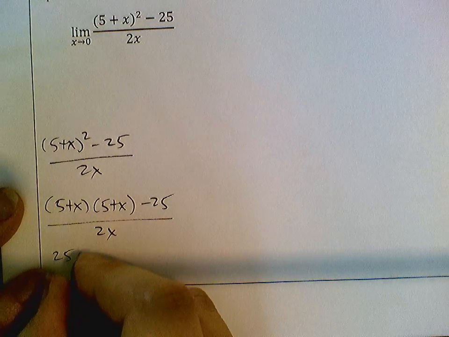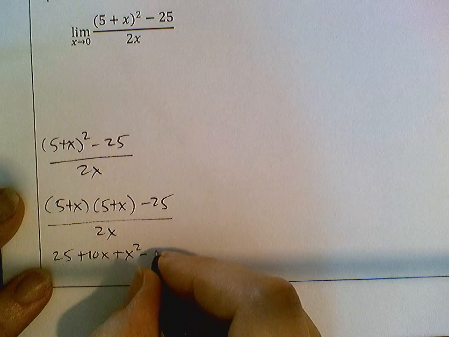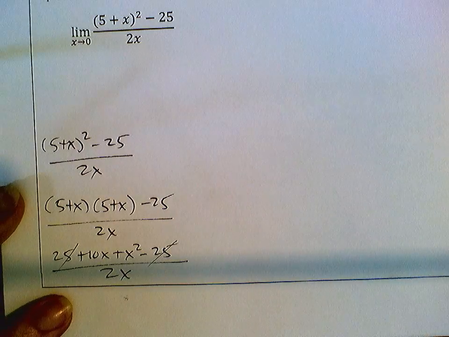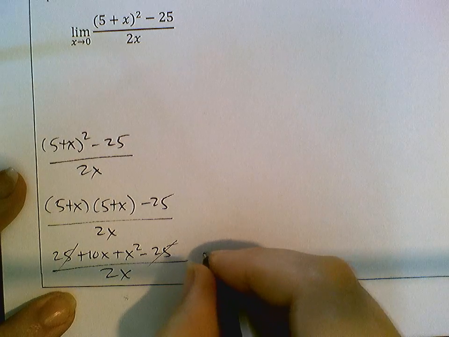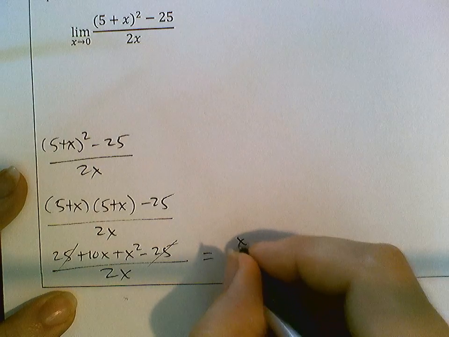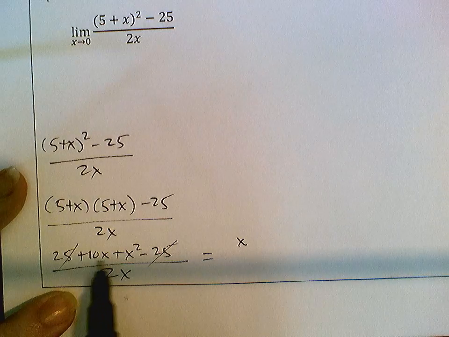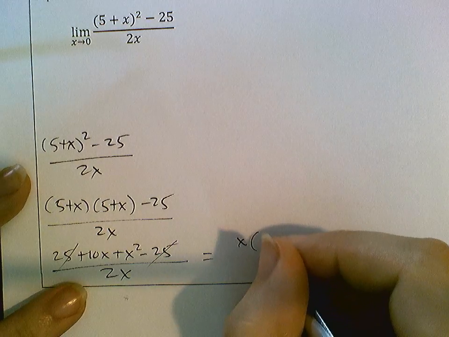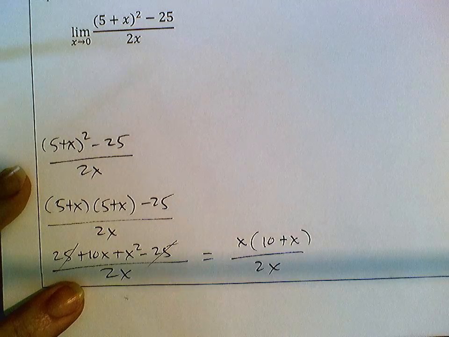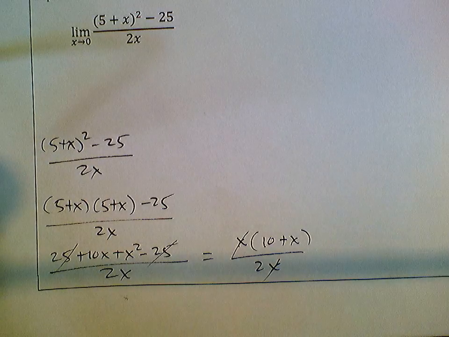This is 25 plus 10x plus x squared minus 25 over 2x. Those are canceling. This is equal to, I'm factoring out an x. Okay, so I just have this now, but I can see right away that I can factor out an x, and then left inside I will have 10 plus x over 2x. Perfect. All right, that's what we want to happen, guys.